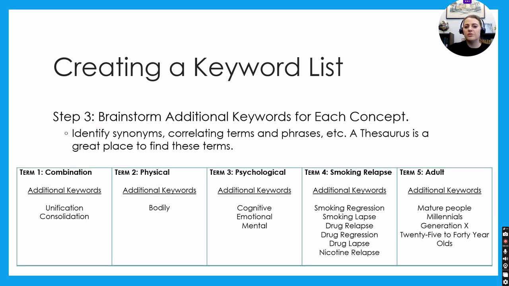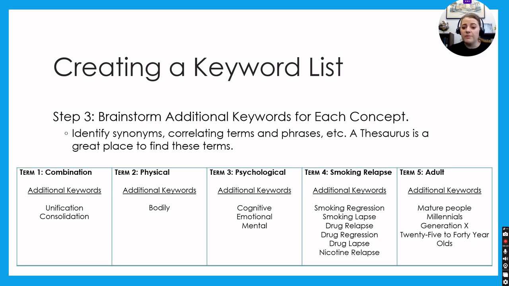Next, we're going to brainstorm additional keywords for each concept. Try to figure out synonyms, correlating terms and phrases, and do note that a thesaurus is a really great place to find these terms. For combination, we have unification or consolidation. For physical, we might have bodily. Psychological would be cognitive, emotional, mental.